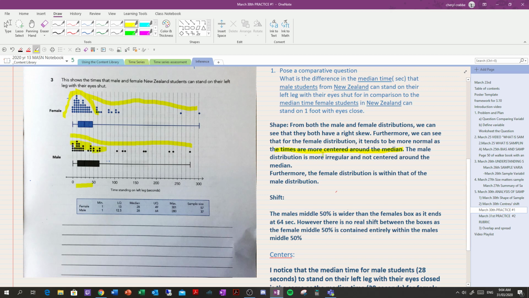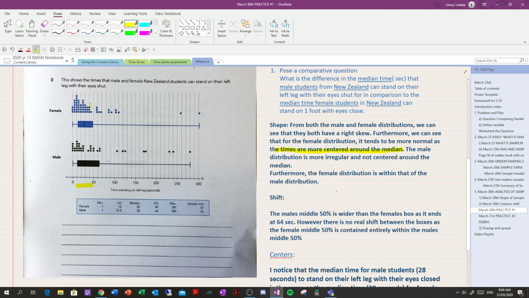Yep, this is good. And then they also added here, furthermore, the female distribution is within that of the males. And we're going to talk about that because you guys had really struggled with the shift. The fact of the matter is, if you look at these boxes, one is not shifted past the other.